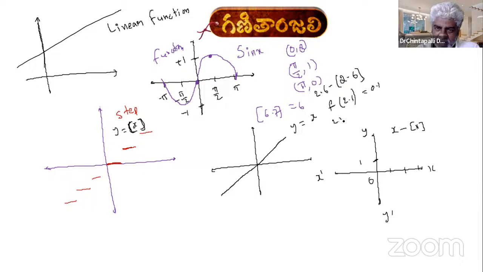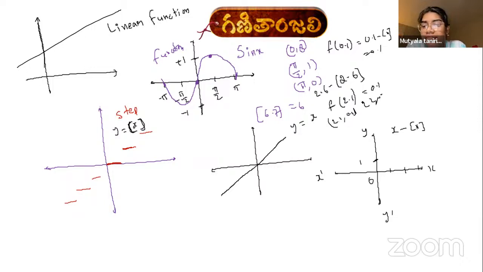So 2.1 comma 0.1. Next 2.2 comma 0.2. Got it? What is f of 0.1? It is 0.1 only, that means 0.1 minus step of 0.1, that is 0.1 only. F of 2.1 is 0.1. F of 3.1 is 0.1.